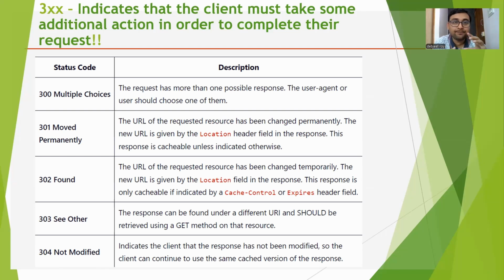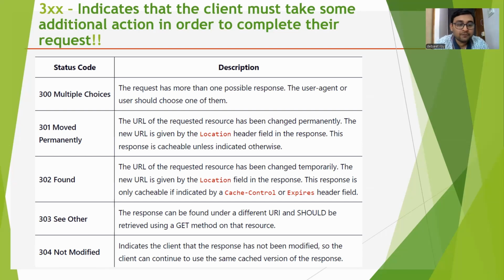So the client might need to perform some other action along with getting the response from the URL which is hit, because the data is not present there as of now. It is present at some other location header. So we need to fetch the URL first, and then using that URL, fetch the data based upon the current request which the client wants.